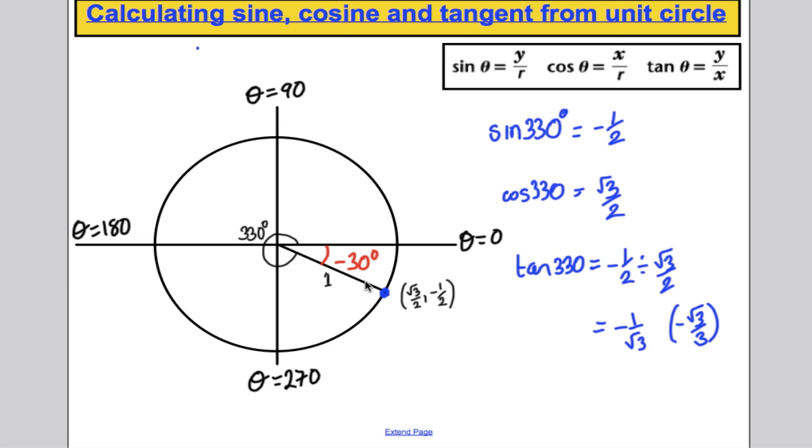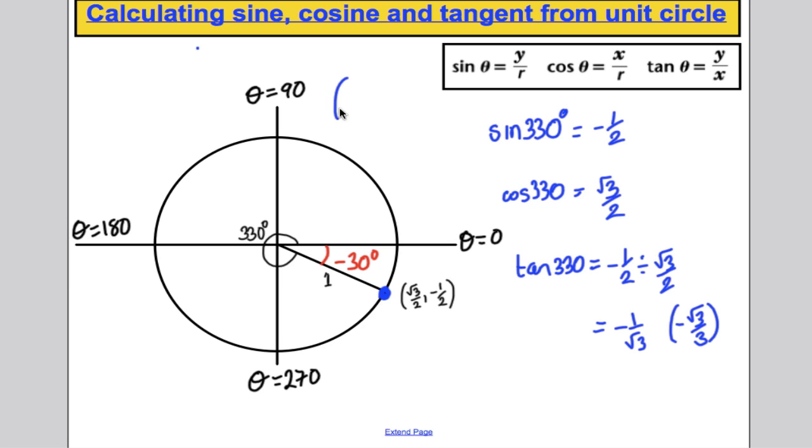Okay, so next, imagine that we allowed this point to go round the circle and we recorded what theta value matched what sine theta value, and we plotted them on a graph. So say for example, here's one here, that theta there was 330 or minus 30, and it got us the sine value of minus a half.